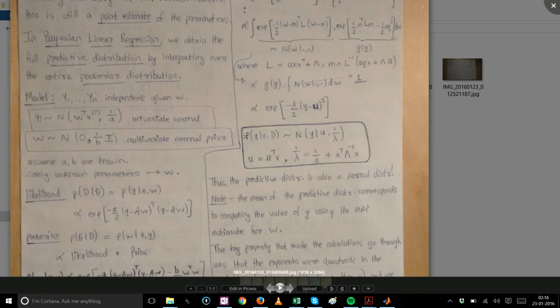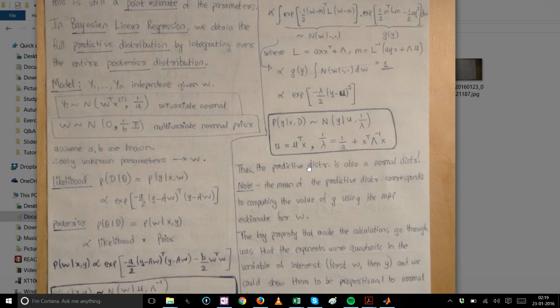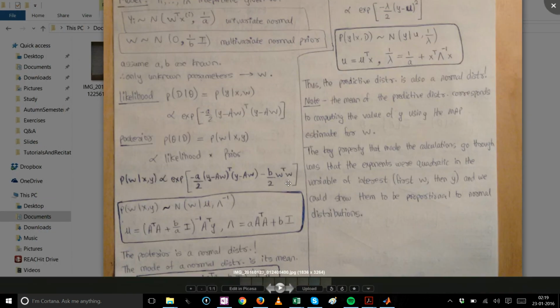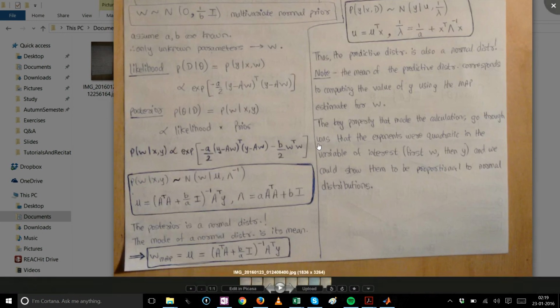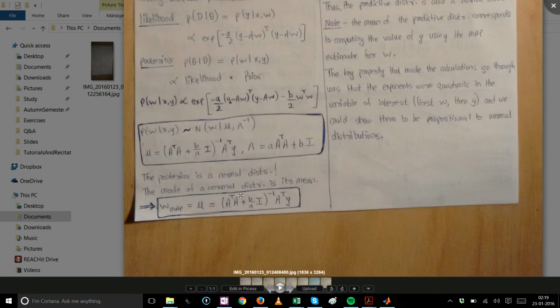It gives you a predictive distribution of y given a new x and the data, and that turns out to be a normal distribution, and you can find the parameters, the mean and the variance, or the precision, in terms of the data. For example, mu is coming from the data.